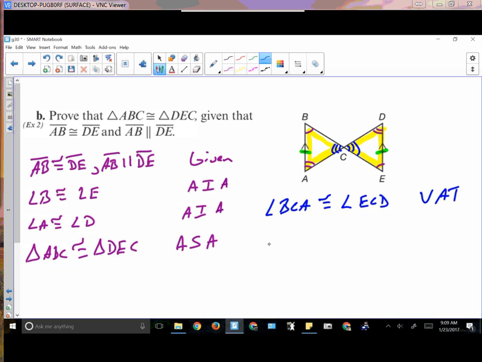So now I could say that triangle ABC is congruent to triangle DEC by, this is where the other S came in, angle, side. Now, which way is correct?